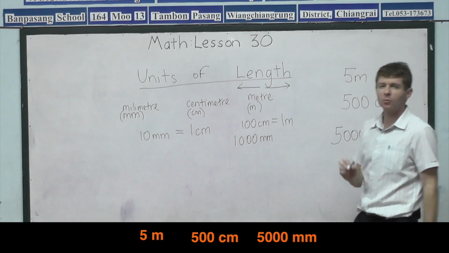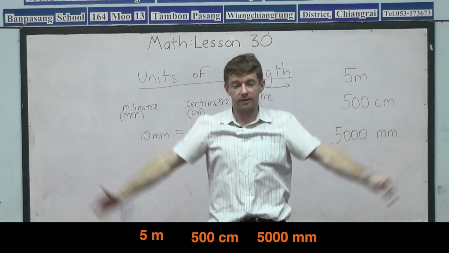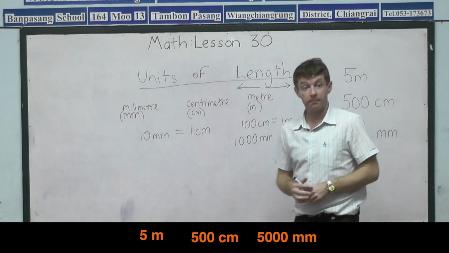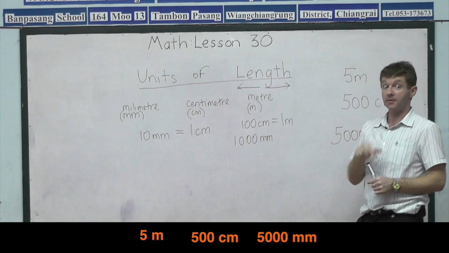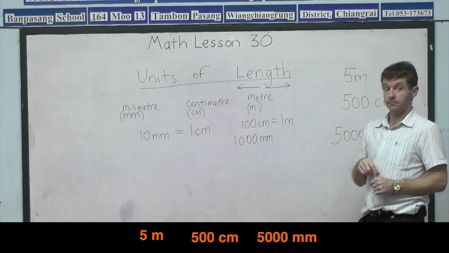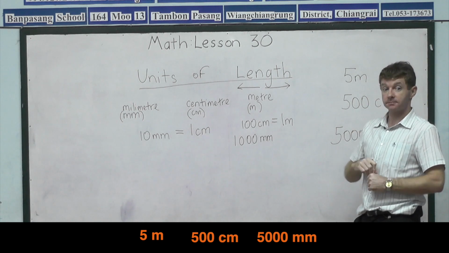But today, we can't do kilometers because kilometers are so long, they're bigger than the school. But do you remember how many meters in 1 kilometer? How many meters in 1 kilometer? 10,000.